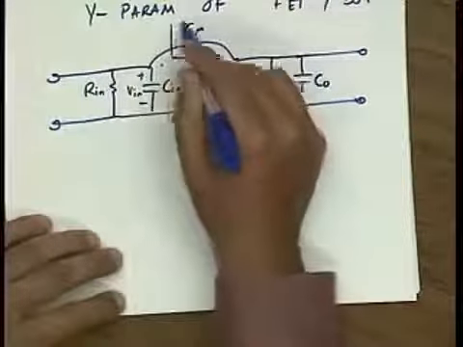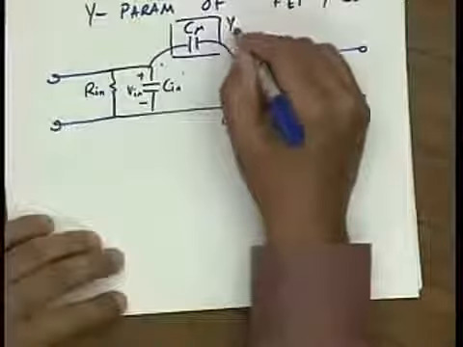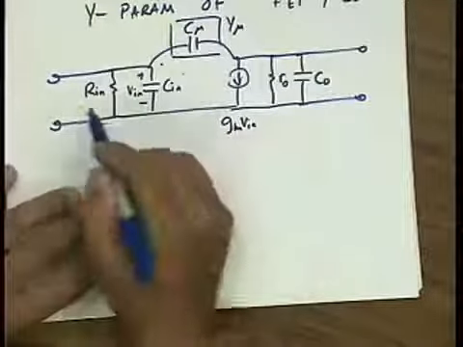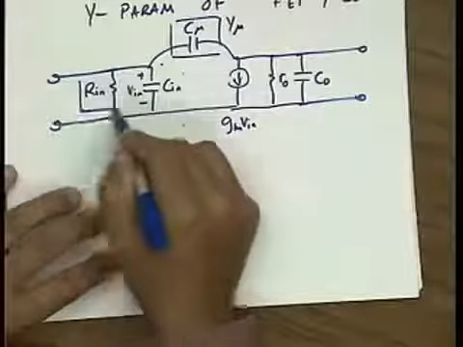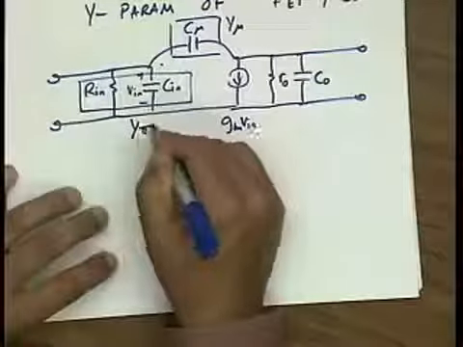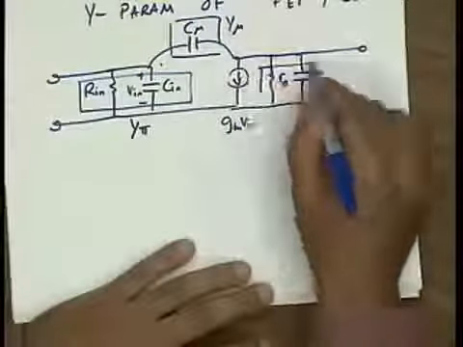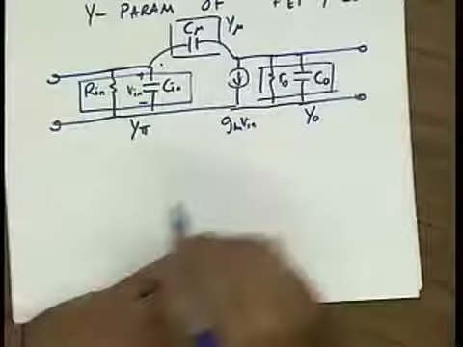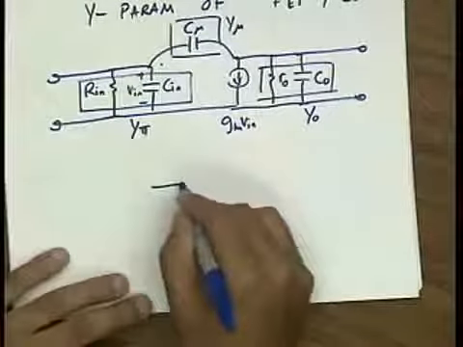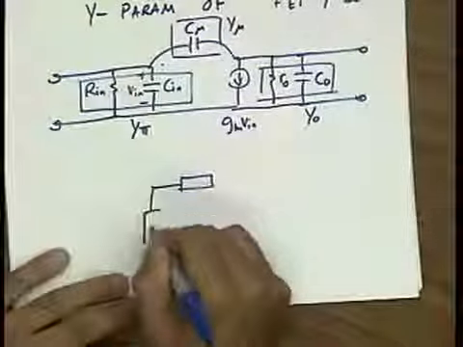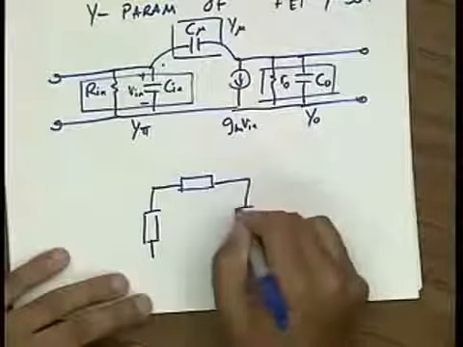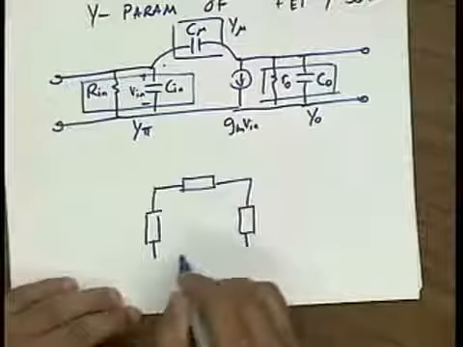Well, let's call this Y mu. Let's call this Y pi, and call this Y0, or Y out. In other words, the equivalent circuit in terms of admittances is a pi circuit.